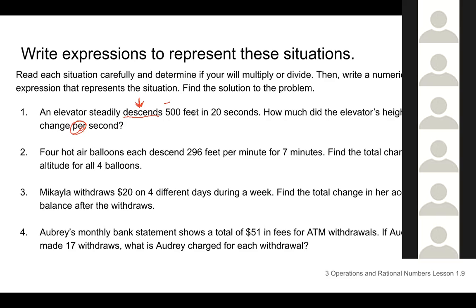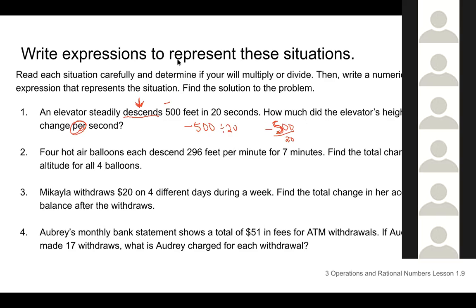So what we're going to do is negative 500 divided by 20. We can represent it like that, or we can represent it as a fraction, whatever is easier for you: negative 500 over 20. The reason I did it as a fraction is so we can see something I like to do to make my divisions easier.